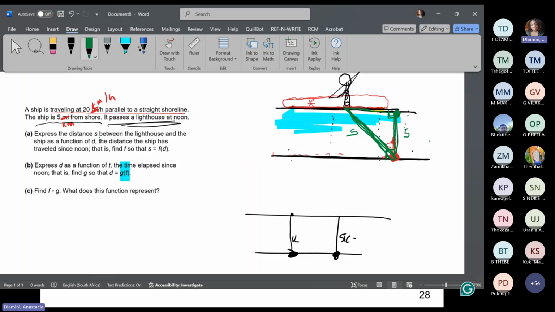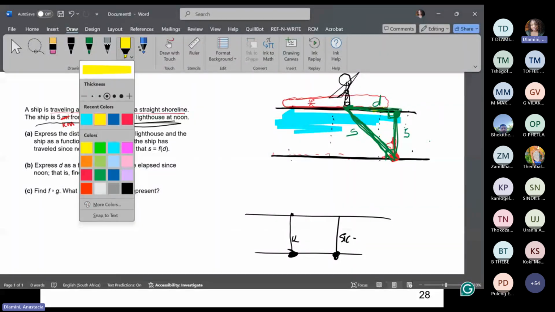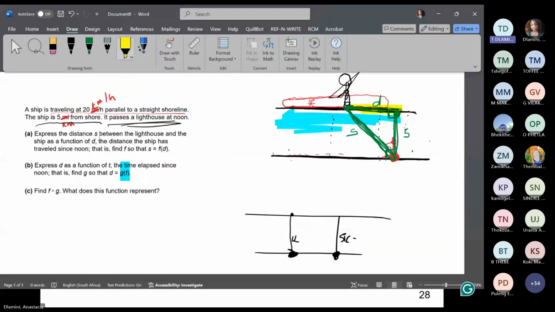Where do I put D? At the shoreline, on top. Because from here to here, this is the distance that the ship has traveled from noon. Are we all together?